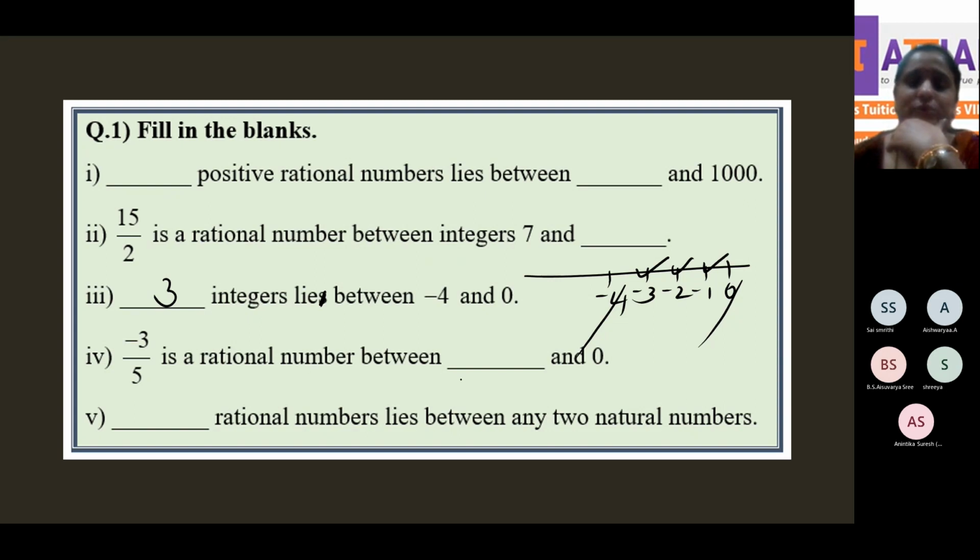-3/5 is a rational number between -1 and 0. You can give many answers for this actually. It's not unique, the answer. There's no one answer for this.